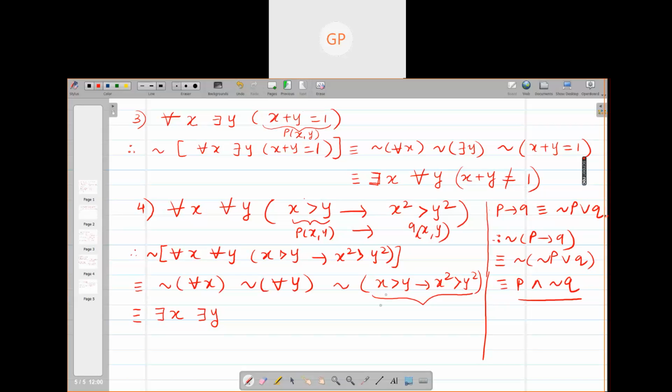P x will remain as it is. P will remain as it is. Yes. And what will it be? P and negation of Q. So what is negation of x square less than or equal to y square? Everybody is following it?